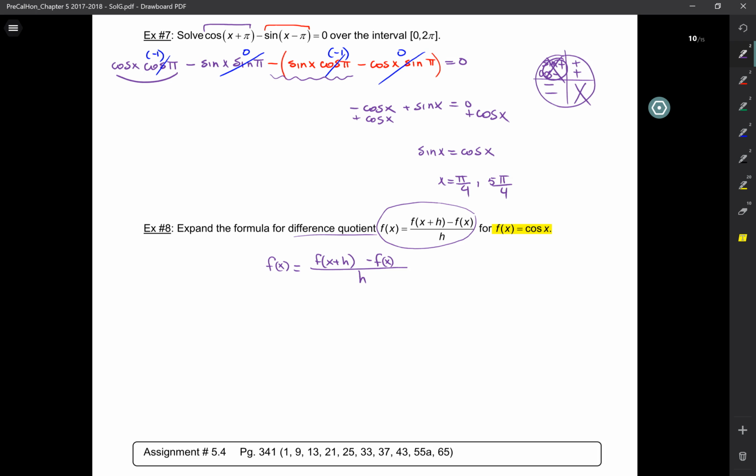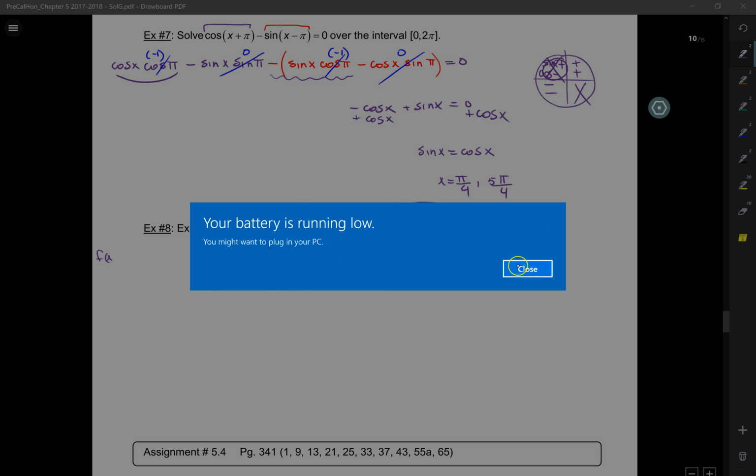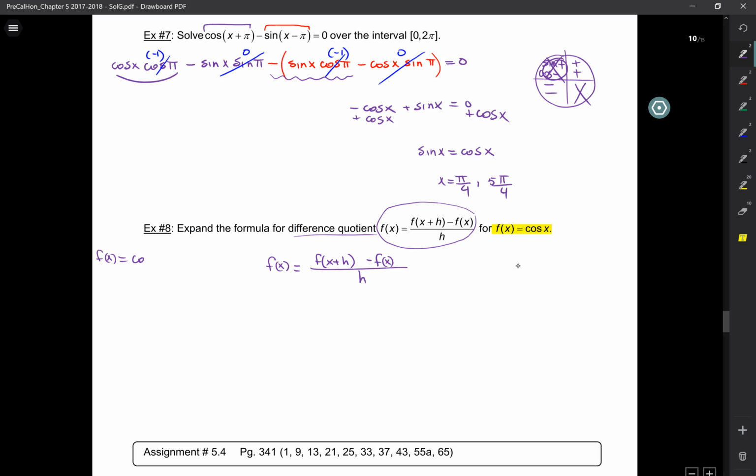Now, let's try to build some of the other ones. So, let's do a little bit of exploring here. f of x is cosine of x. Now, if I wanted to do f of 1, that would be what? Cosine of 1, right? What about f of a?